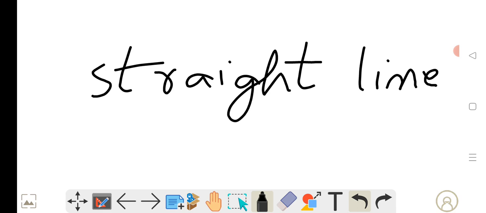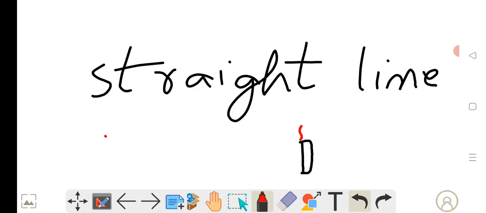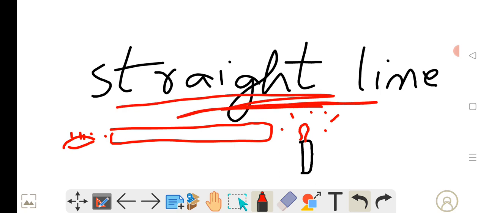If you have a candle and a pipe, you can see the light of the candle through the pipe if the pipe is kept straight. If you bend the pipe, you cannot see the light. That is the experiment you learnt in your 6th standard. This is very important: light travels in a straight line.